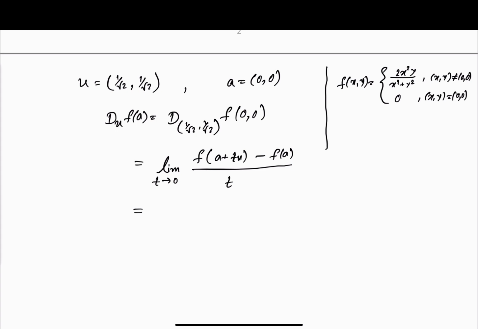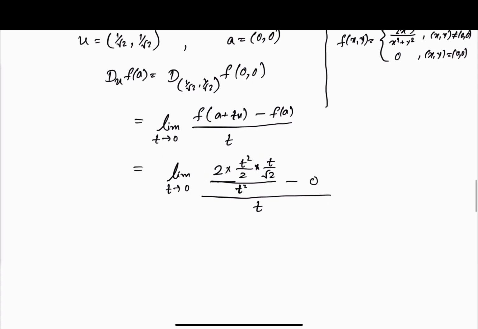If we put this in, you can see we get the limit as t tends to 0 of 2·(t²/2)·(t/√2), divided by t² in the denominator, minus 0, all over t. So we put all these things in the function and we get this.